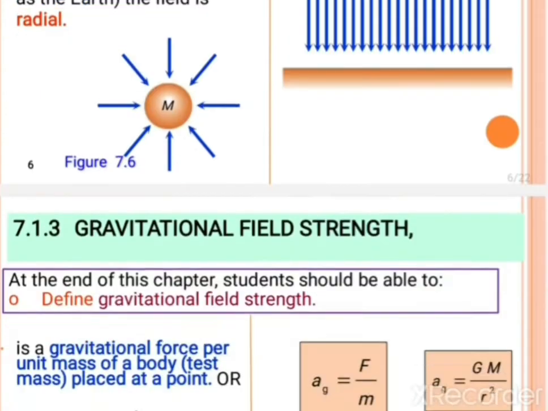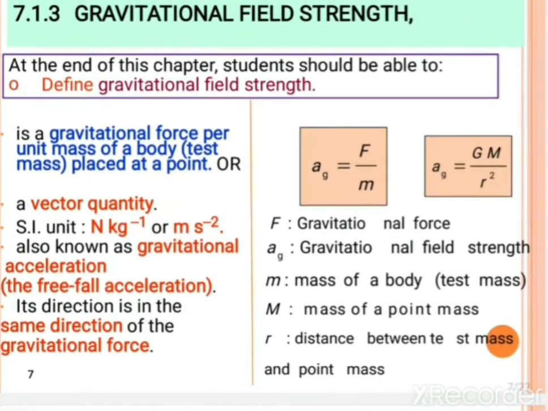We go to the gravitational field strength formula. What is gravitational field strength? Gravitational field strength is the gravitational force per unit mass of a body placed at a point. Or, look at this formula, Ag equal to F over m. This equation comes from F equal to ma.